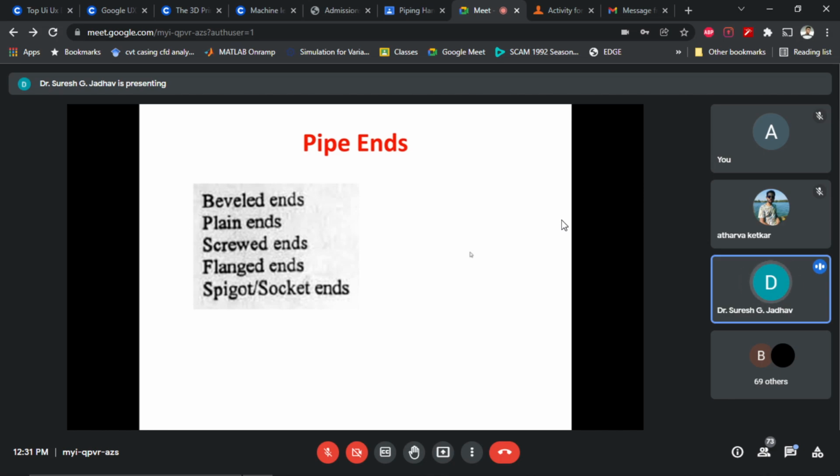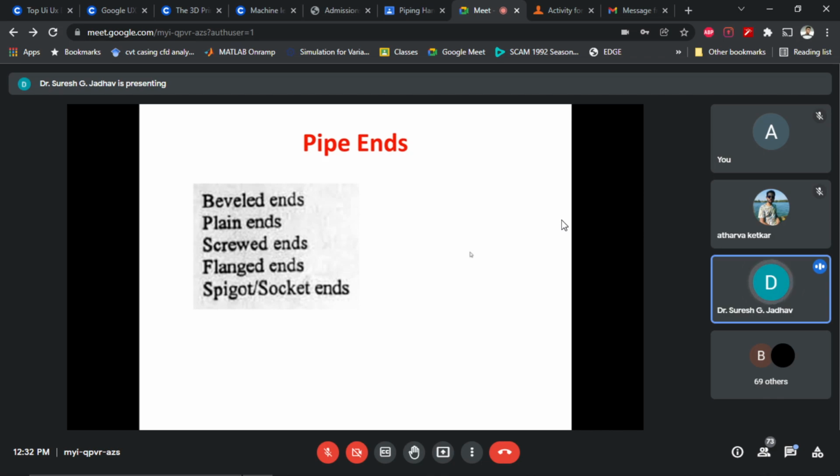Now next is spigot or socket ends. When lead cloth or cemented joints are provided between pipes and fittings, then spigot or socket ends are used to connect pipes and fittings.